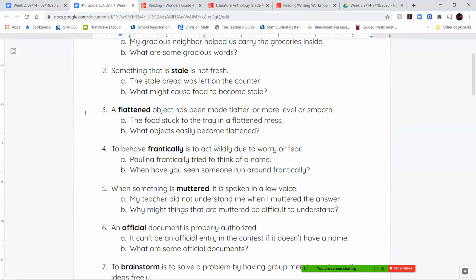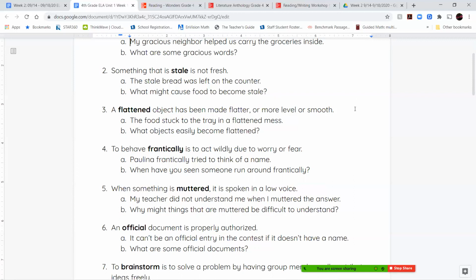A flattened object has been made flatter or more level or smooth. Flattened comes from the word flat. Something that is flat, like a piece of paper, right, is squished down and spread out and thin. So when something is flattened, you've made it more flat, or you've kind of smoothed it out. The food stuck to the tray in a flattened mess.